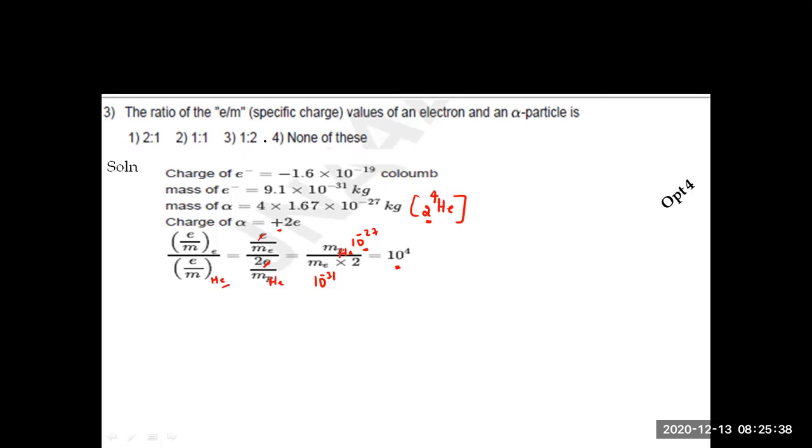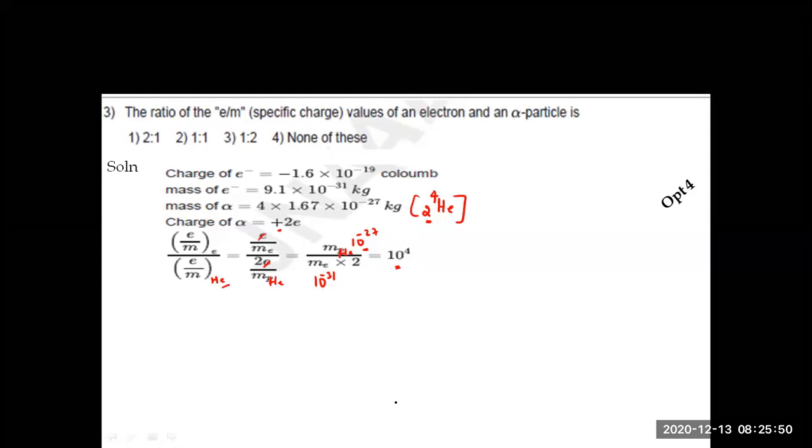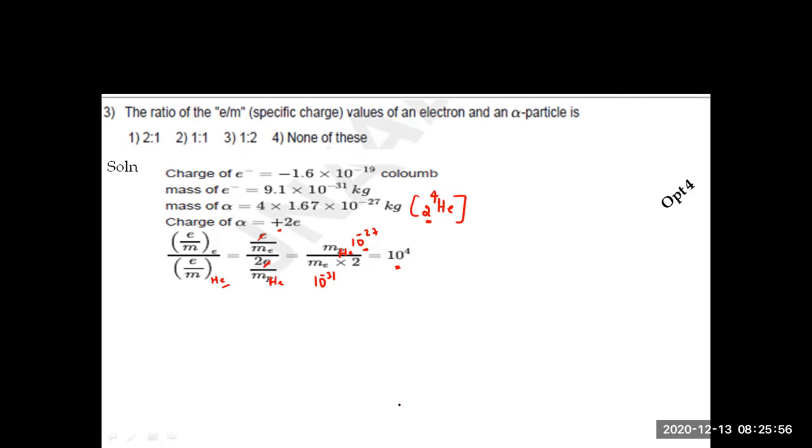So therefore, option 4 is correct. Because mass is 4 times the mass of neutron or proton, so they are approximately the same. So it doesn't match. So you can mark option 4 as the correct answer.